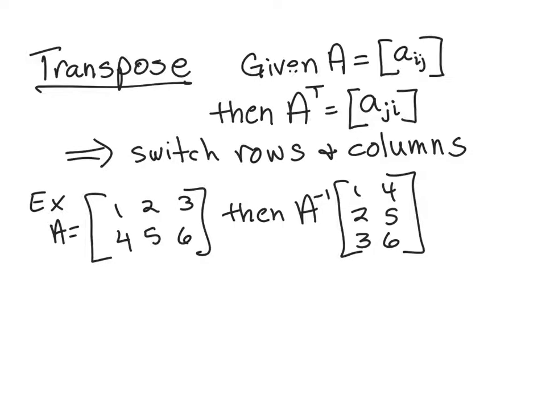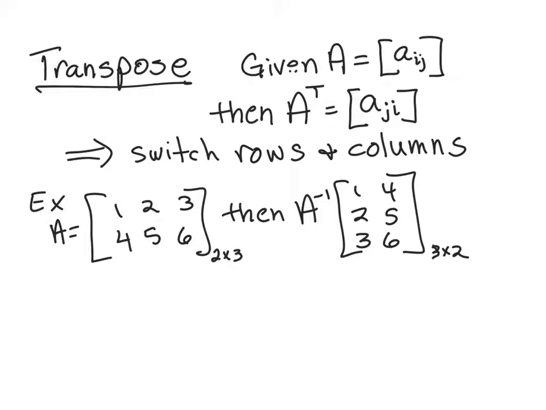I went from being 2 rows by 3 columns to 3 rows by 2 columns. What was a row is now a column. Row 1 is column 1, row 2 is column 2, column 1 is row 1, column 2 is row 2, and column 3 is row 3. Got it? So transposing is just flipping it.